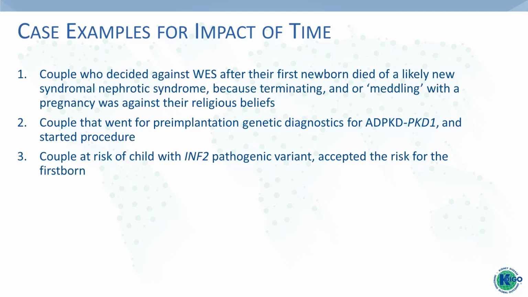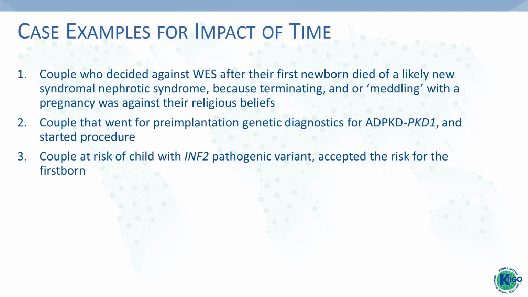We managed to find the causative variant in a new gene, and managed to have that be allowed for PGT, so pre-implantation genetic testing. And that took a while. It always takes a while, but especially because of COVID, the waiting became longer.